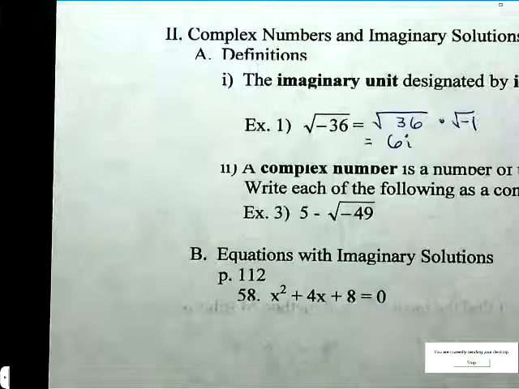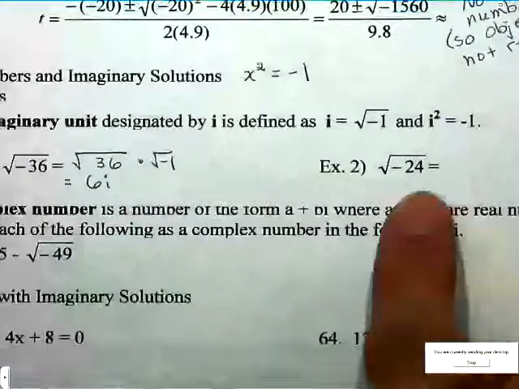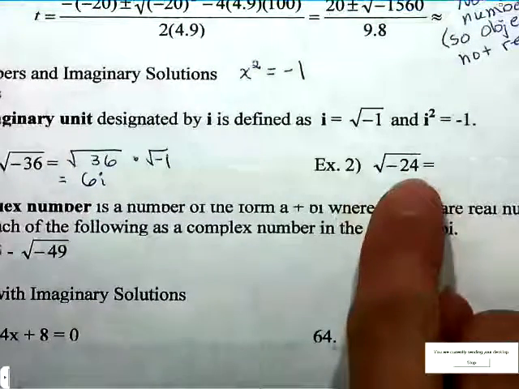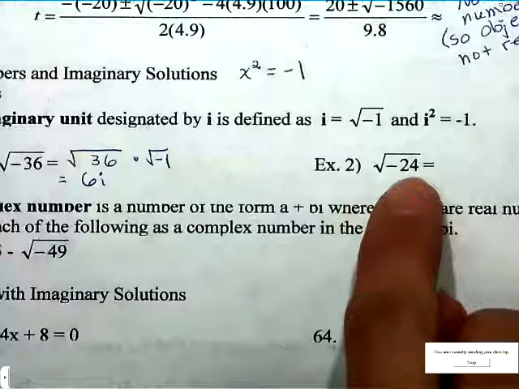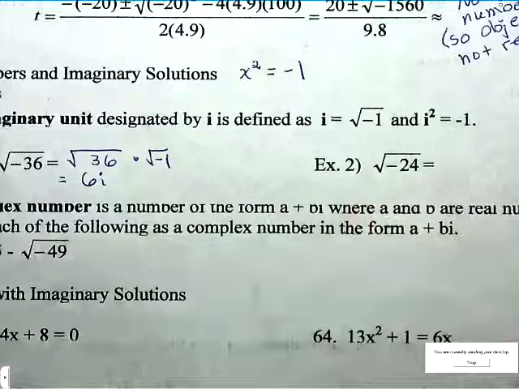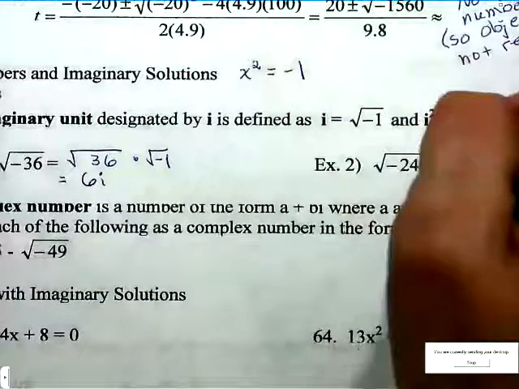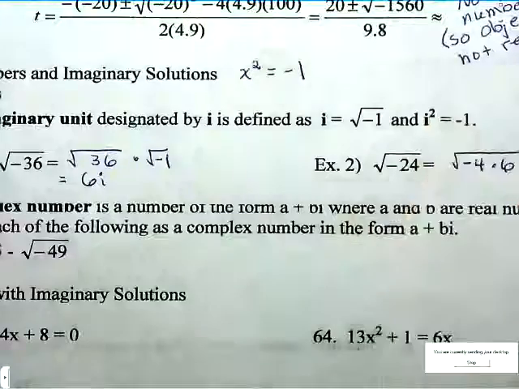What about this? A square root of -24. Well, 24 is not a perfect square, but it has a factor that's a perfect square. What is it? 4. As a matter of fact, I can factor that square root of -24 into -4 times 6.